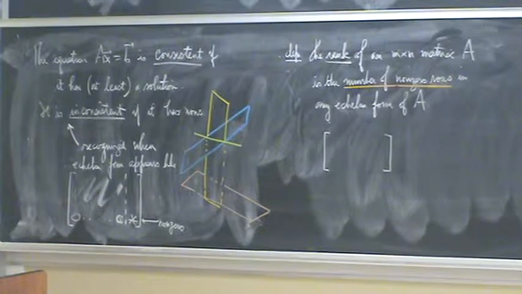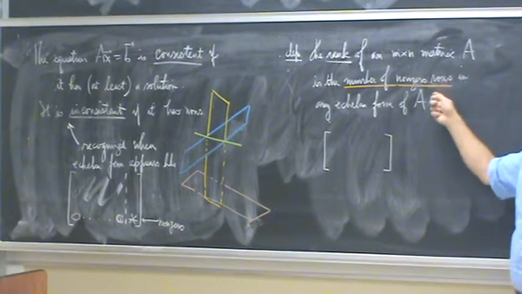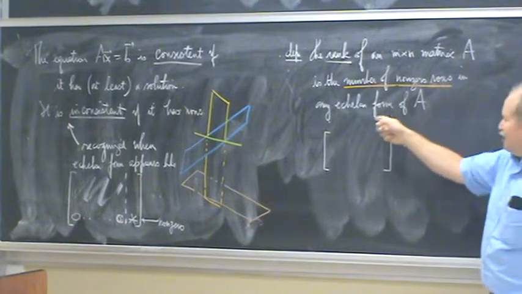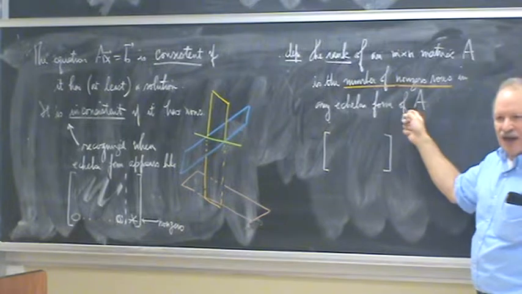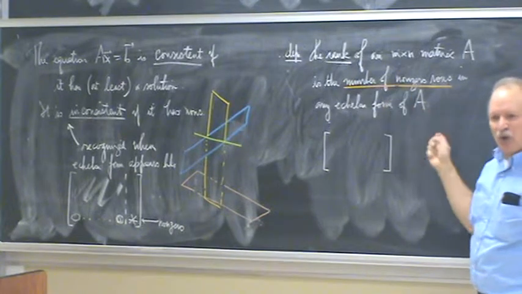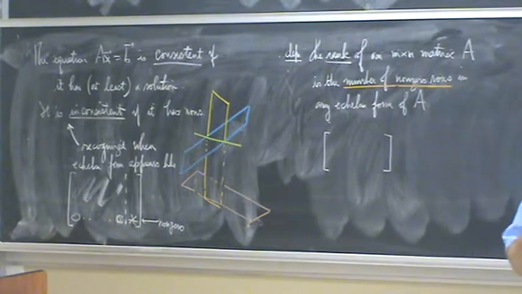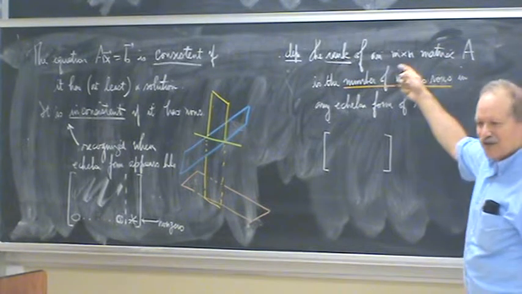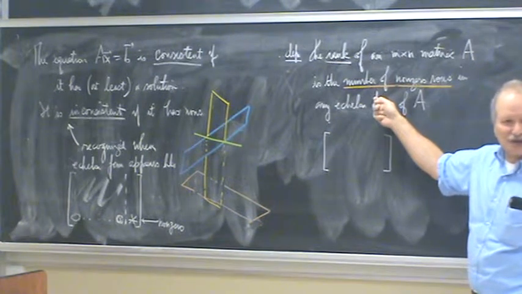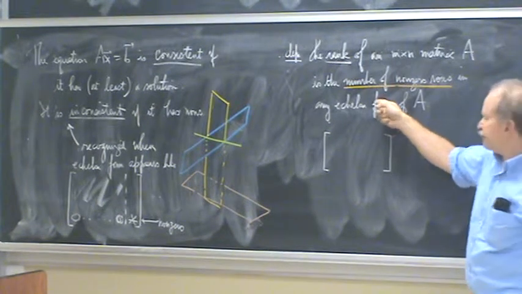You can have the same number of non-zero rows in any echelon form. I seem to be stipulating here that any echelon form of A and any other one have the same number of non-zero rows, even though we agreed they could have different echelon forms. So there's actually a theorem lurking in this definition. We'll have other situations where that happens later this semester.